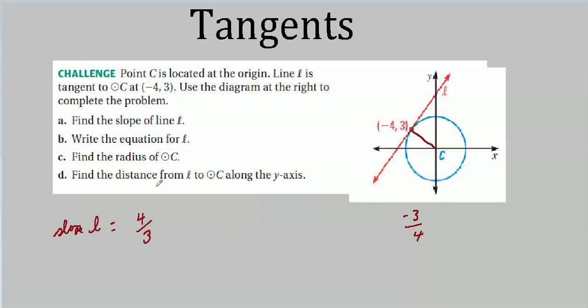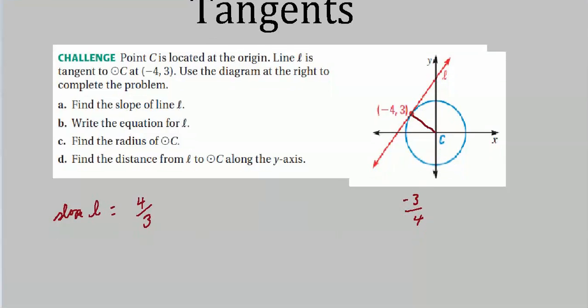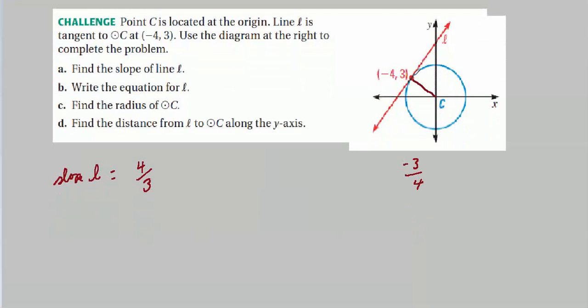Okay. What about an equation for L? Yeah, give myself a little more room. That should be pretty easy, right? Now that we have the slope, and we definitely know one point on that line, we can write that 3, which is y, equals 4/3 x plus b, which is yet to be determined.